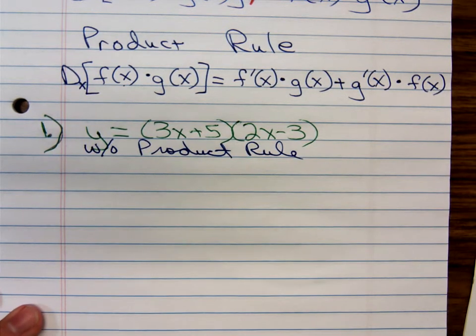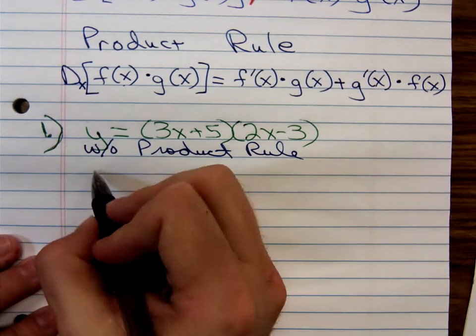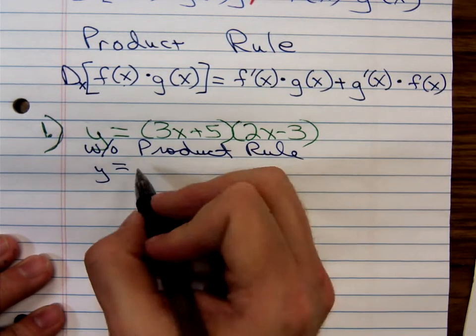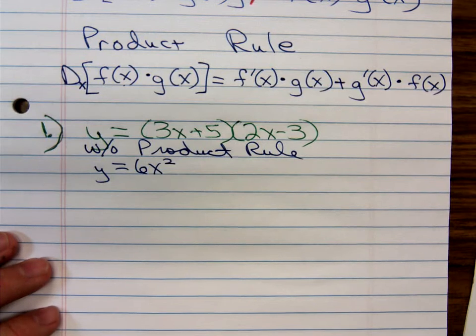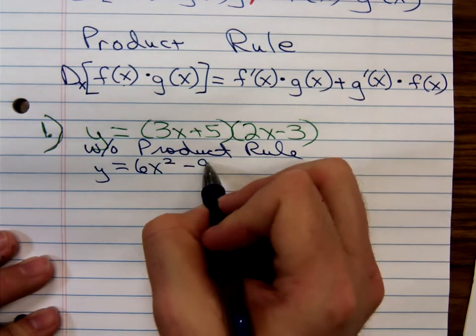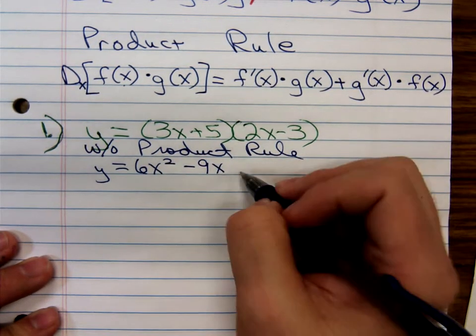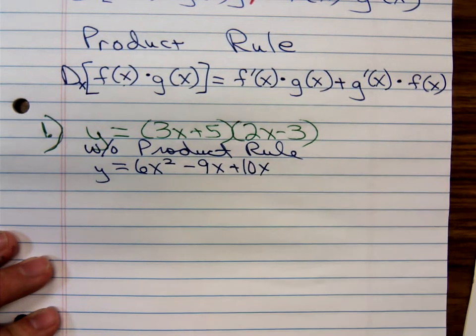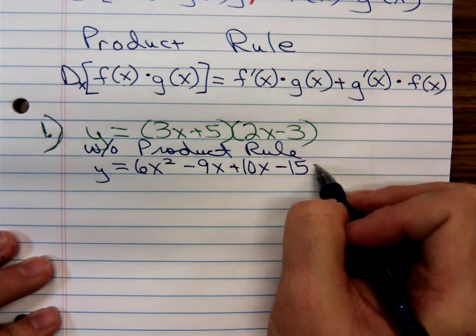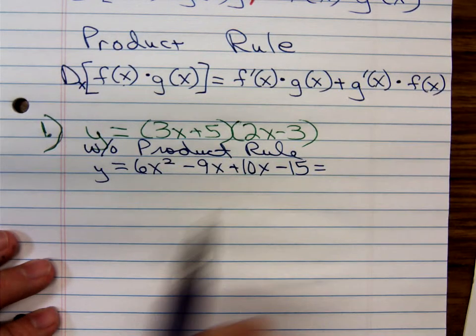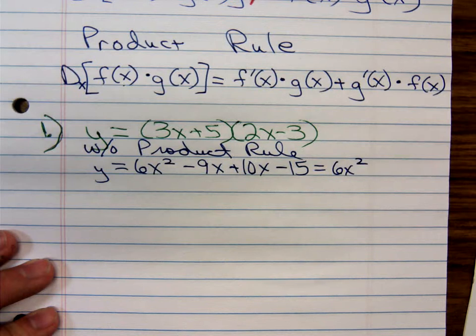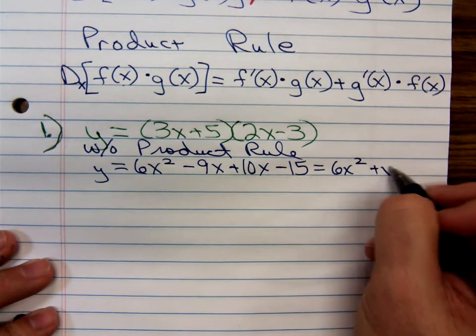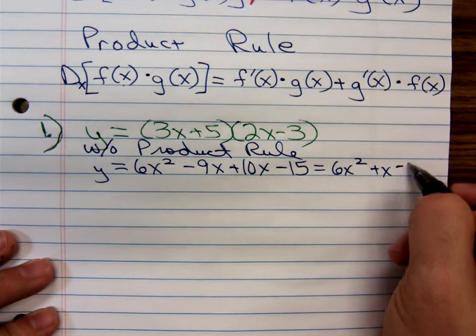Without the product rule, FOILing out, we get a 6x squared outer, negative 9x inner, plus 10x last. And we can combine the like terms, and that becomes 6x squared plus 1x minus 15.